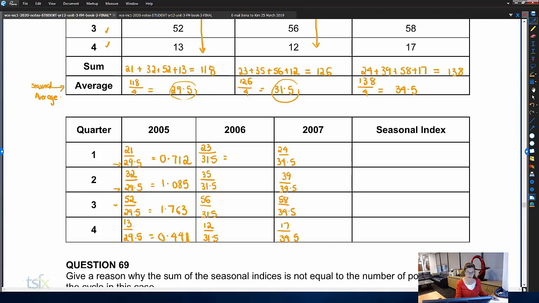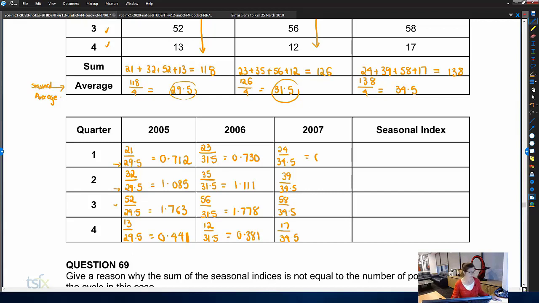So just filling in the answers here: 0.730, 1.111, 1.778, 0.381.